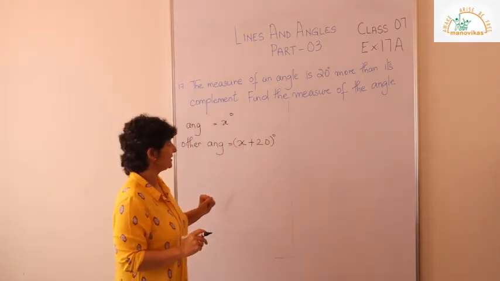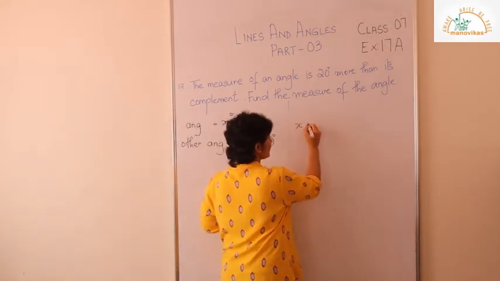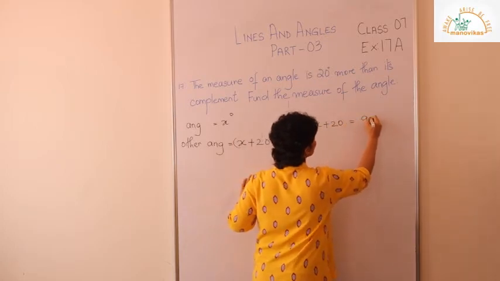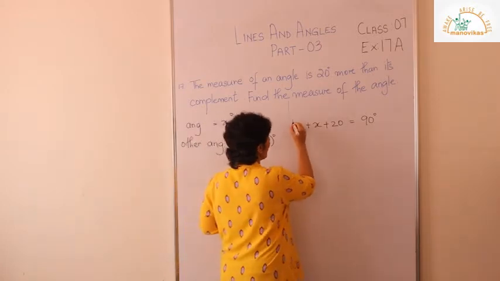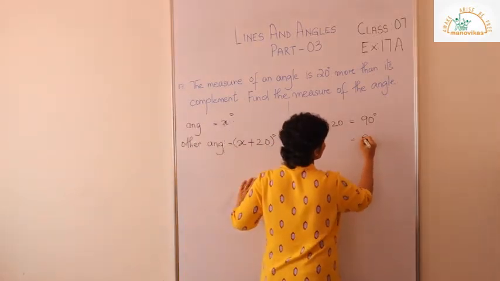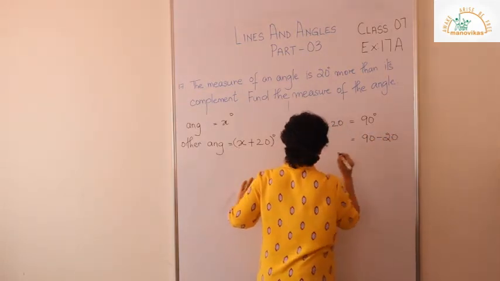So let's find the angle. You know it is complement, so x plus 20 is equal to 90 degrees. So 1x plus 1x gives me 2x, which is equal to 90 plus, becomes minus 20.